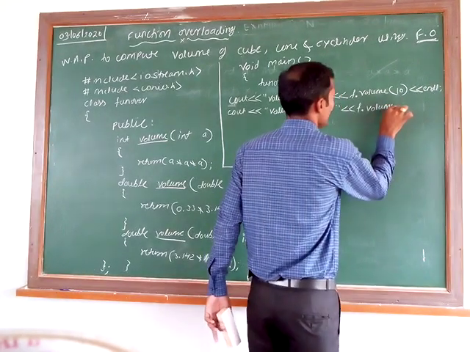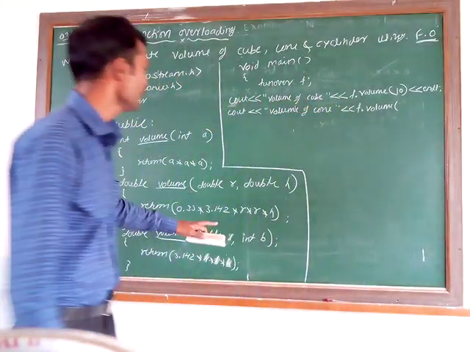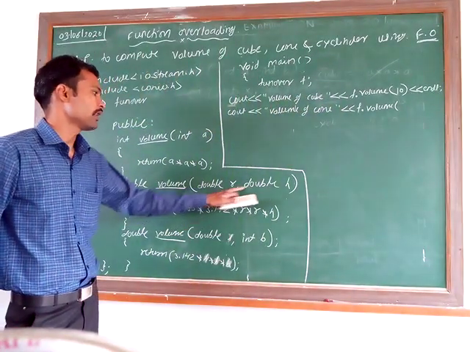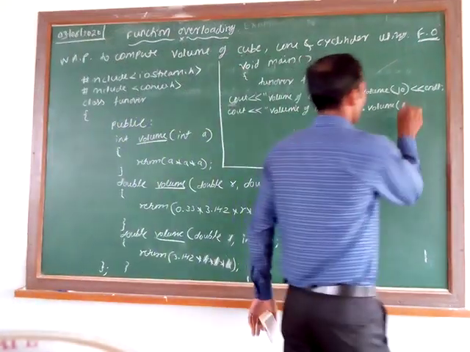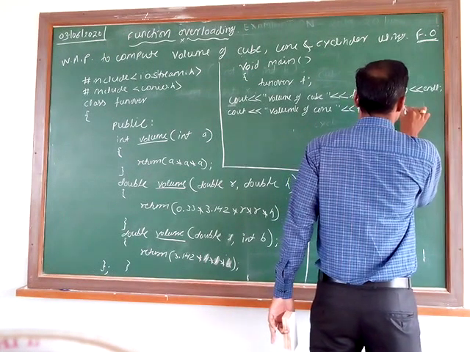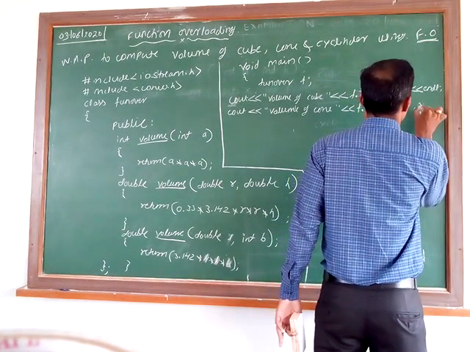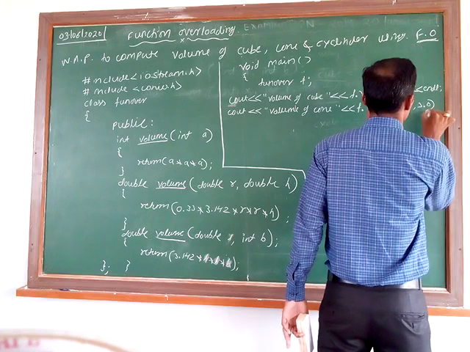The function name is same. Now we have to give two values, that is double R and double H. Two values you have to give with fractions, for example, 2.0 comma 3.0 like this.